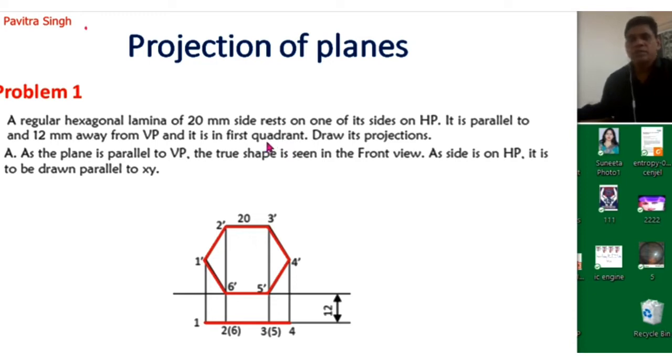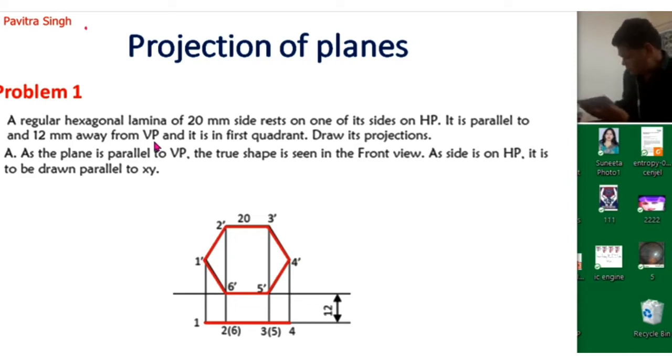It means we have to draw the projections in the first angle. Actually this lamina is resting on its one side, and suppose this is one side, 6 dash 5 dash. Also it is 12 mm away from the vertical plane.